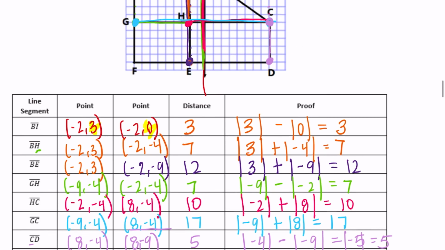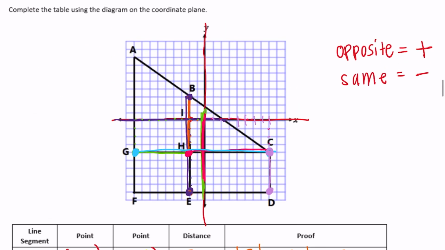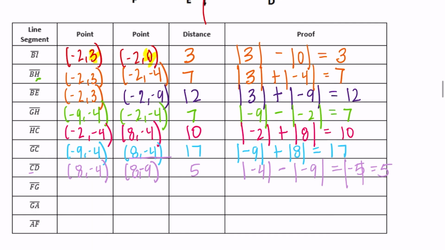And FG. Okay, where's F? Here's F. Here's G. So F is located at, let's see, there's 0, -1, 2, 3, 4, 5, 6, 7, 8, 9. And then all the way down to -9. So -9, -9.